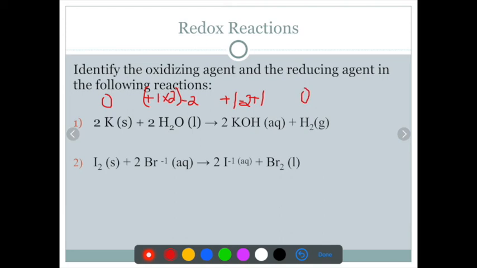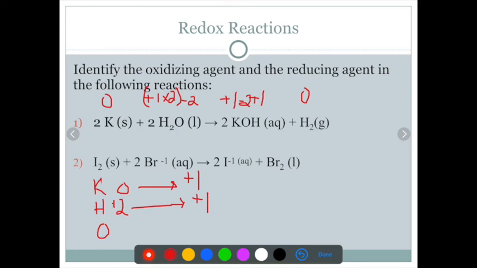So now we've got to figure out what was oxidized, what was reduced. So I'm going to come down here. Potassium went from 0 to +1. Hydrogen went from +2 to +1. And then we have oxygen.